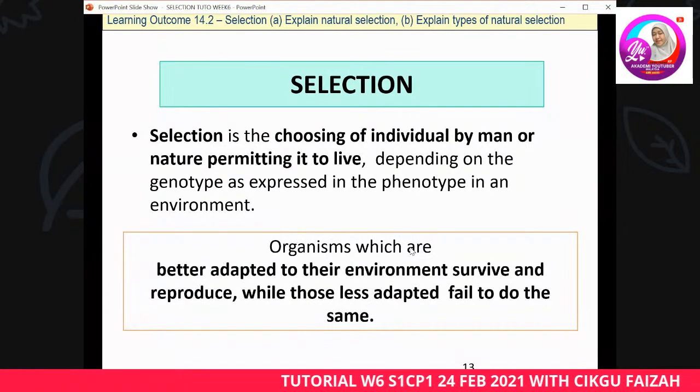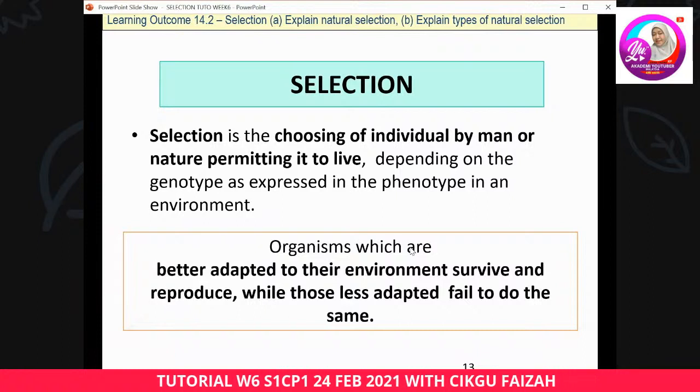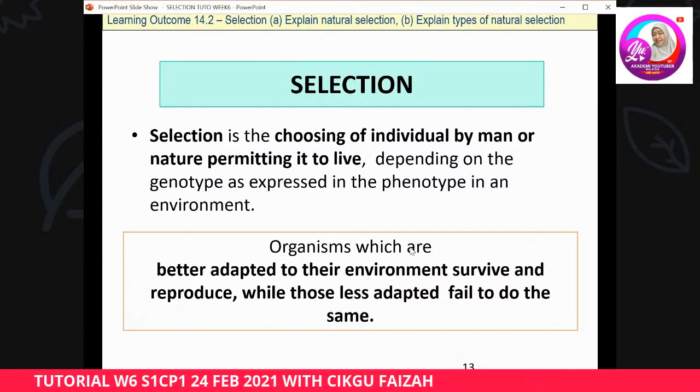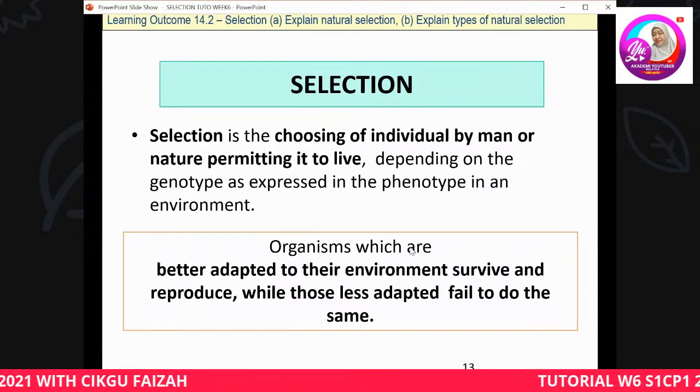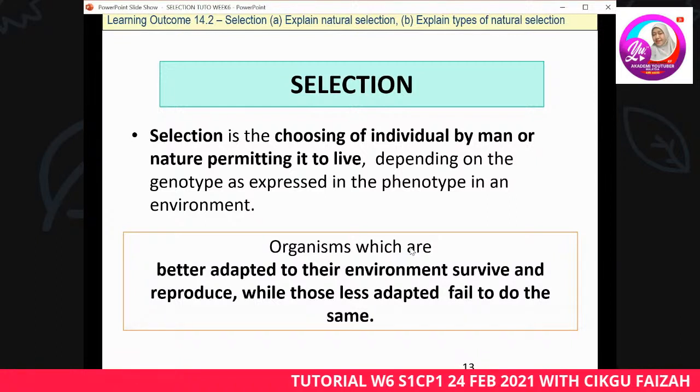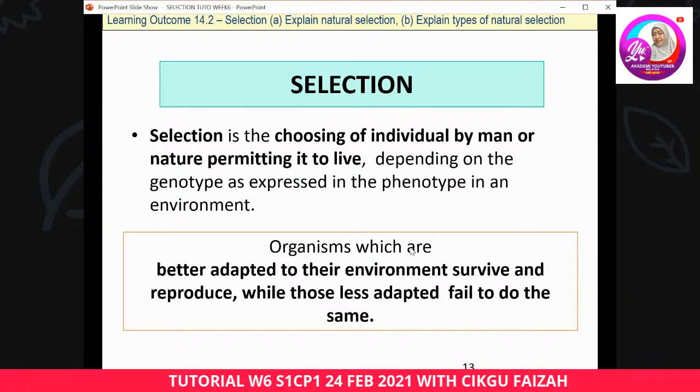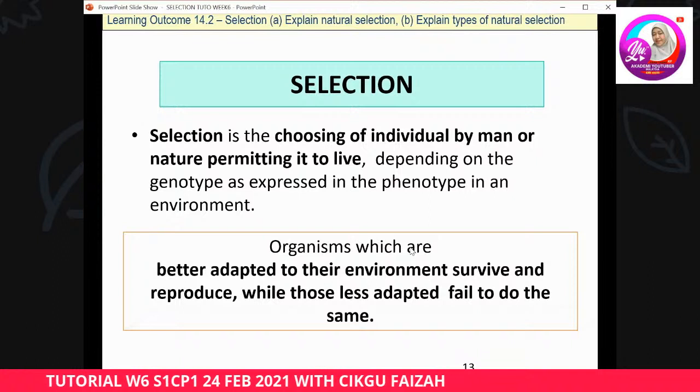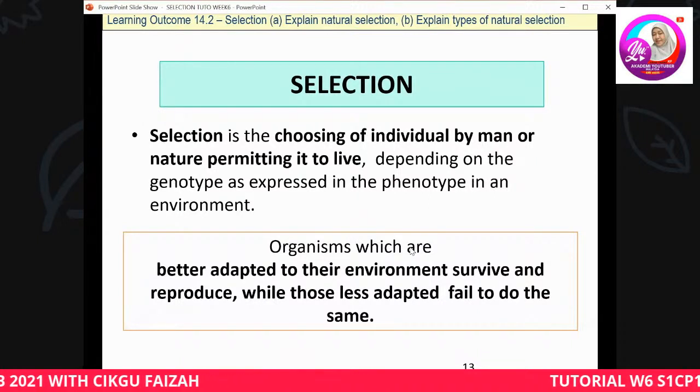Selection means a process in which individuals that have certain inherited traits, like teacher mentioned just now, like the giraffe, it has a long neck, that is an inherited trait. With the long neck, they tend to survive, and how do they survive, class?